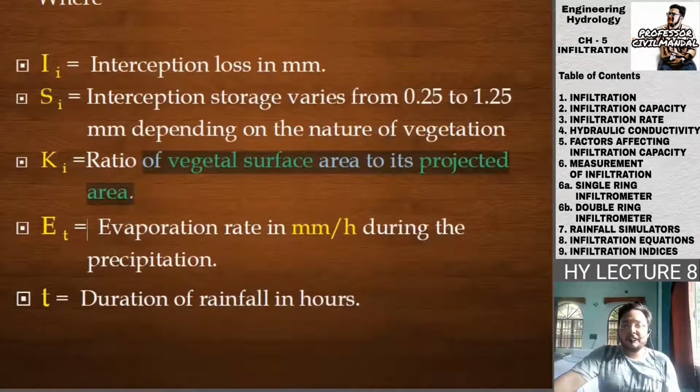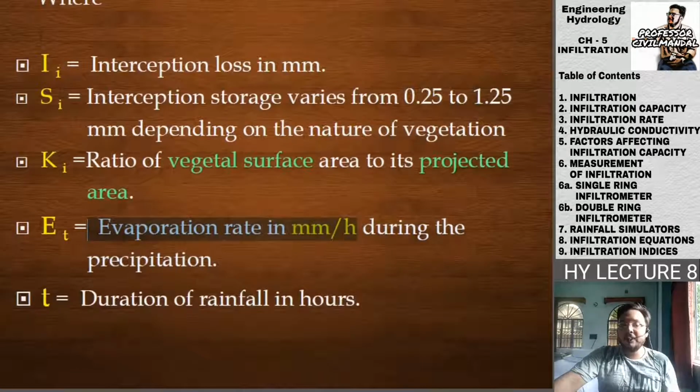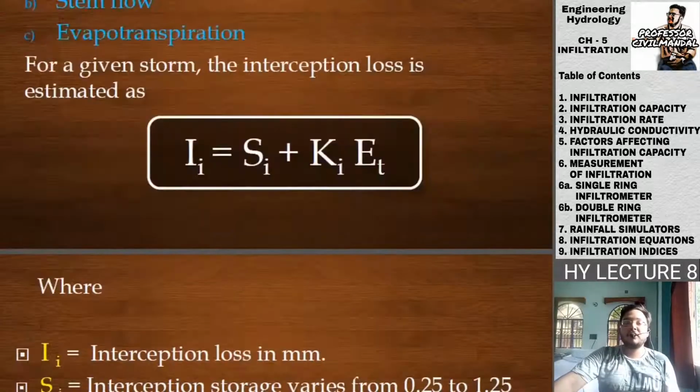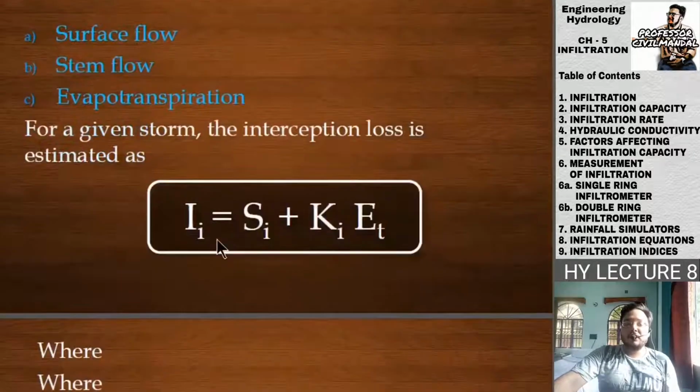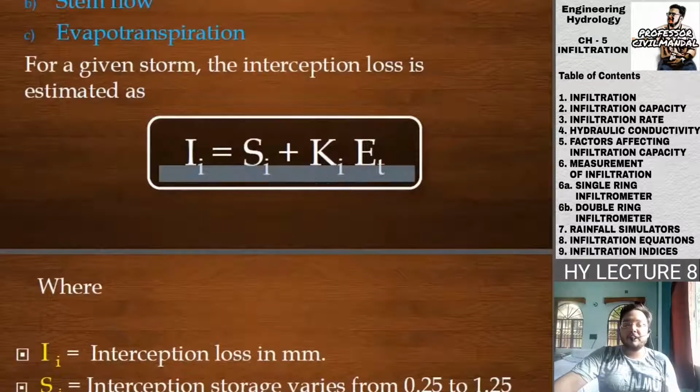Et is the evaporation rate in millimeter per hour during the precipitation, and T is the duration of rainfall in hours. So this is how we get the value of our interception loss in millimeter. This is our formula.